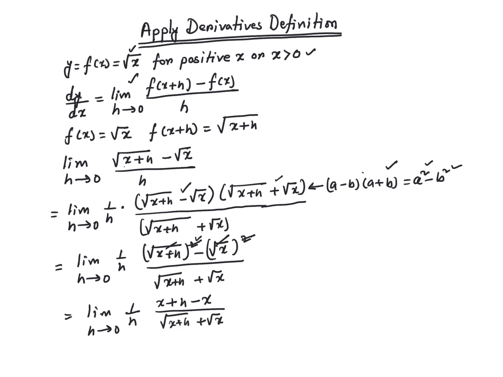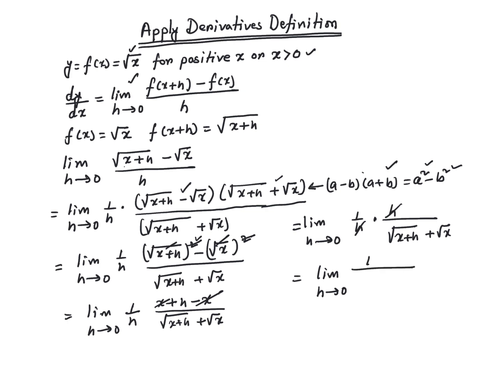And then limit h approaches 0, 1 over h times, in the numerator negative x and positive x cancel out, this gives you h, and in the denominator square root of x plus h plus square root of x. Now this h and h are going to cancel out. That's going to give you limit h approaches 0, 1 over square root of x plus h plus square root of x.